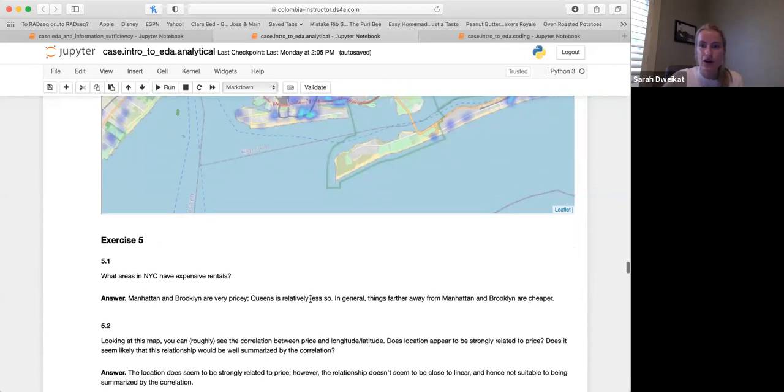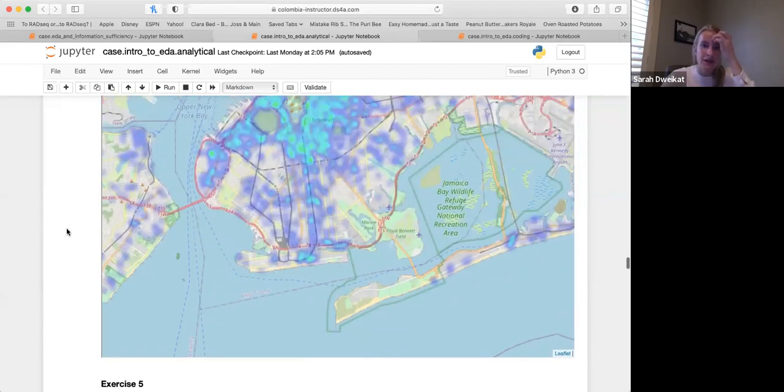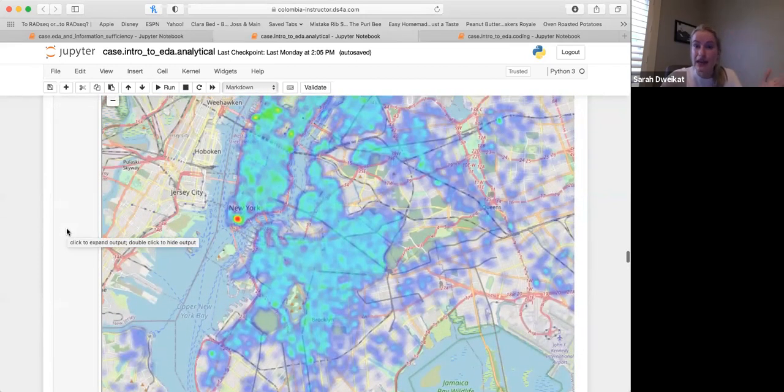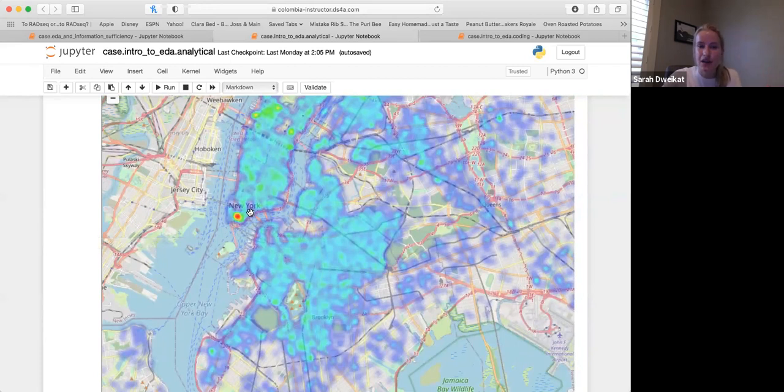So you are correct that location does appear to be related to price. We can see this because we are showing price on this map, and we see these clusters, these hot spots, of higher prices depending on location.